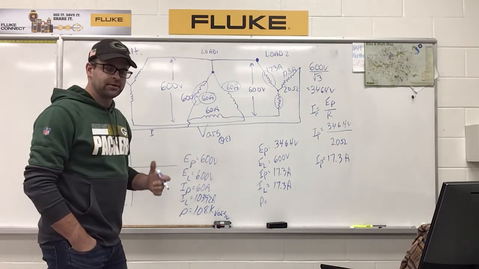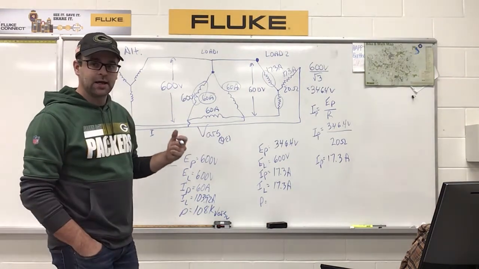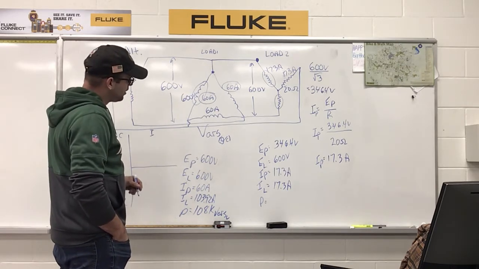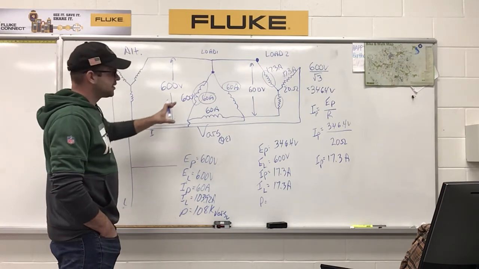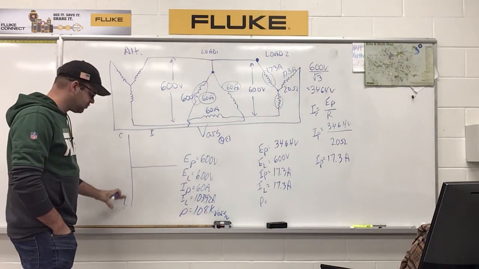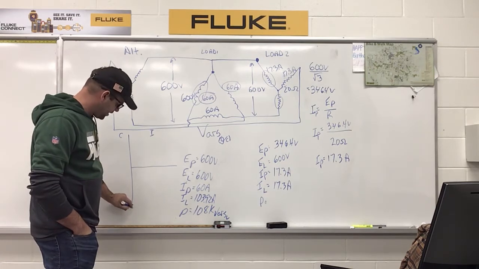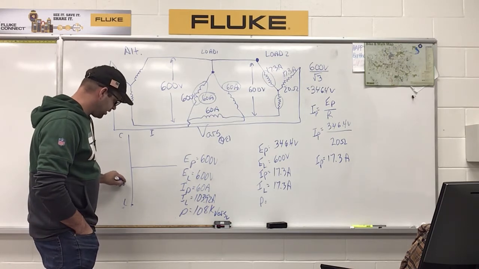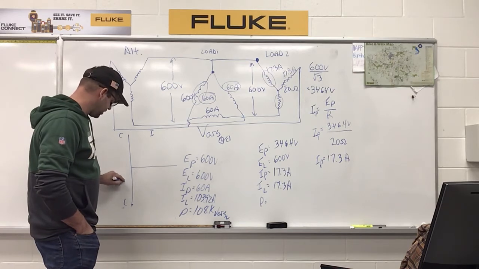And remember, in parallel, there's only two triangles you can do. You can do a current triangle, and then you can do a power triangle. So if we look at our chart right now, obviously there's no capacitive portion of it, so we don't have to look at a net value. We're just looking at the inductive. So the inductive value, we're going to be all the way down here, and that is, as we know, 103.92 amps.